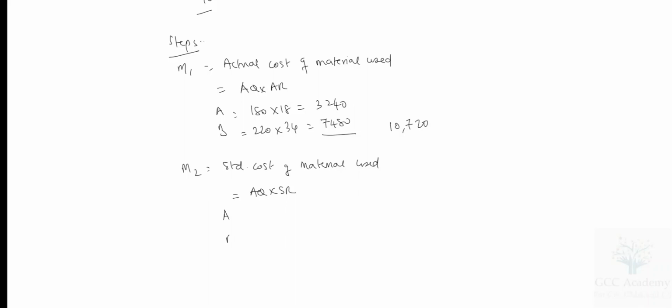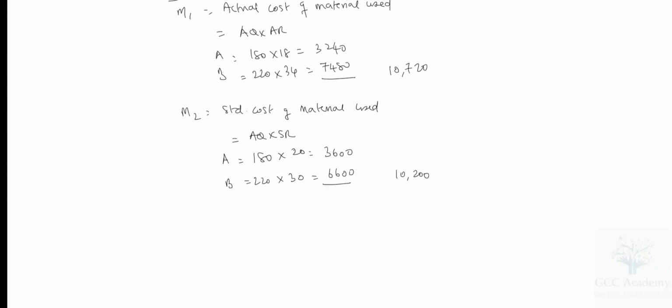Now coming to A and B. Actual quantity is 180 into standard rate 20 per ton, so you get 3600. And actual quantity of B is 220 at standard 30, 6600. So 10,200. So M2 is 10,200. Now very important step, M3. Description is standard cost of material used.